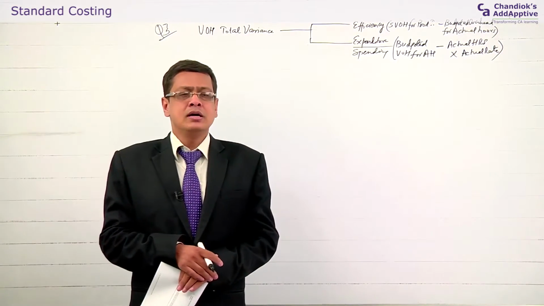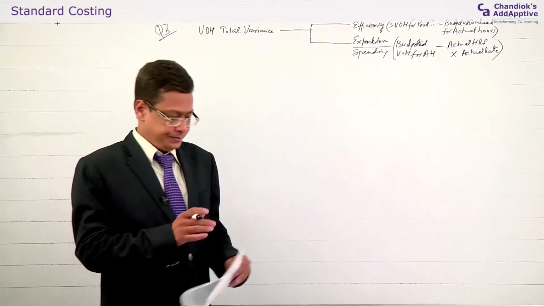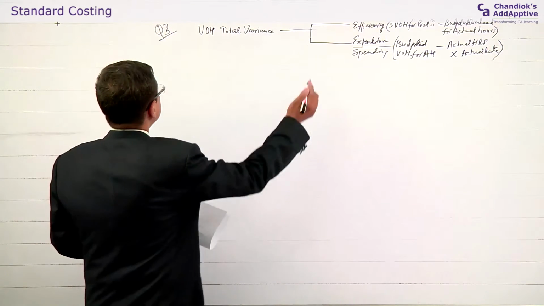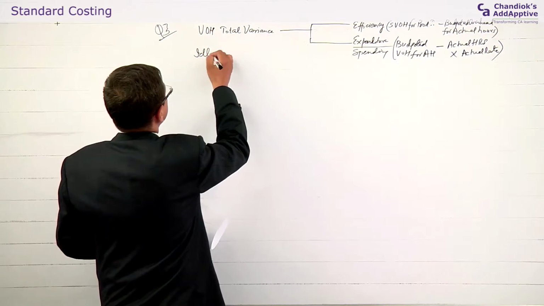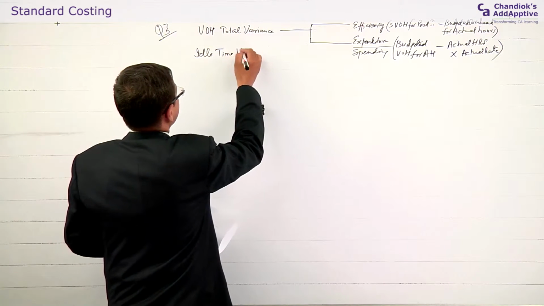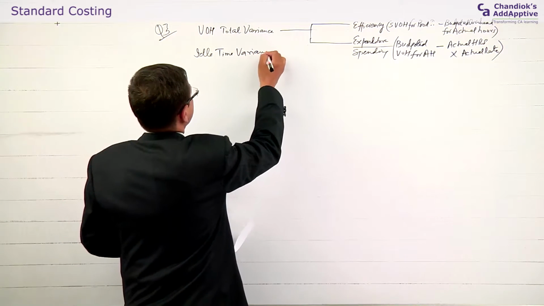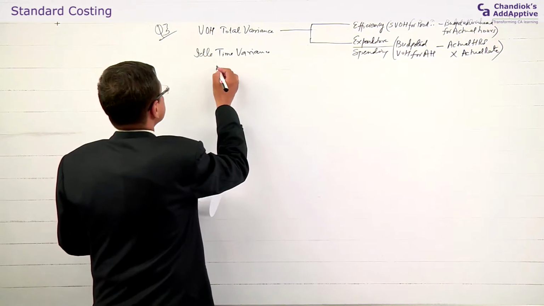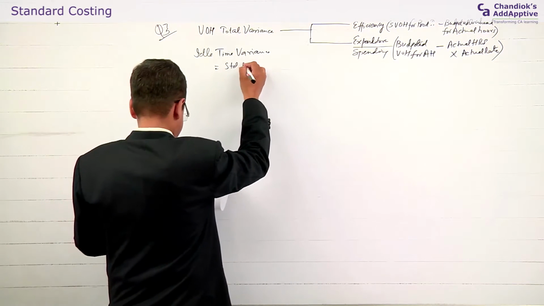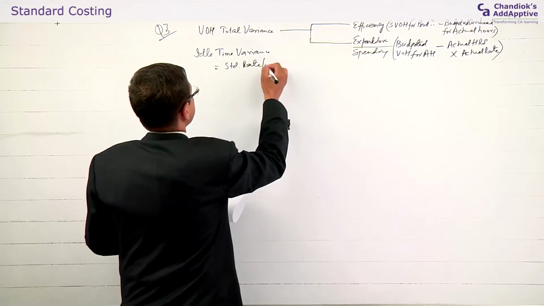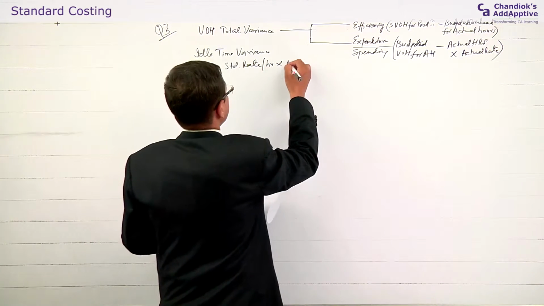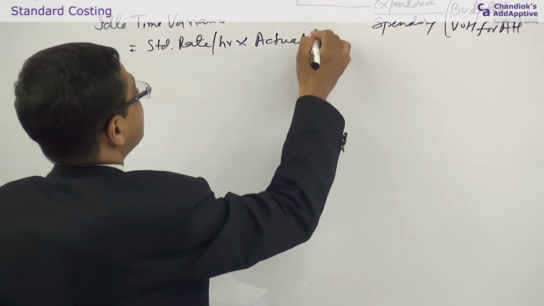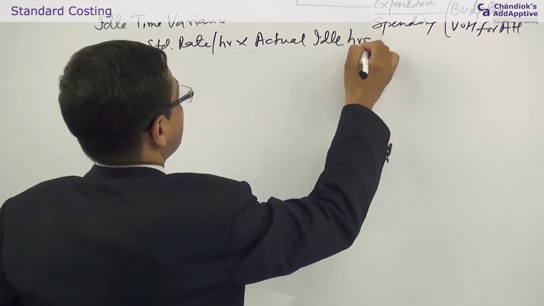Now, let us do the computations. Idle time variance. This is standard rate per hour into actual idle hours.